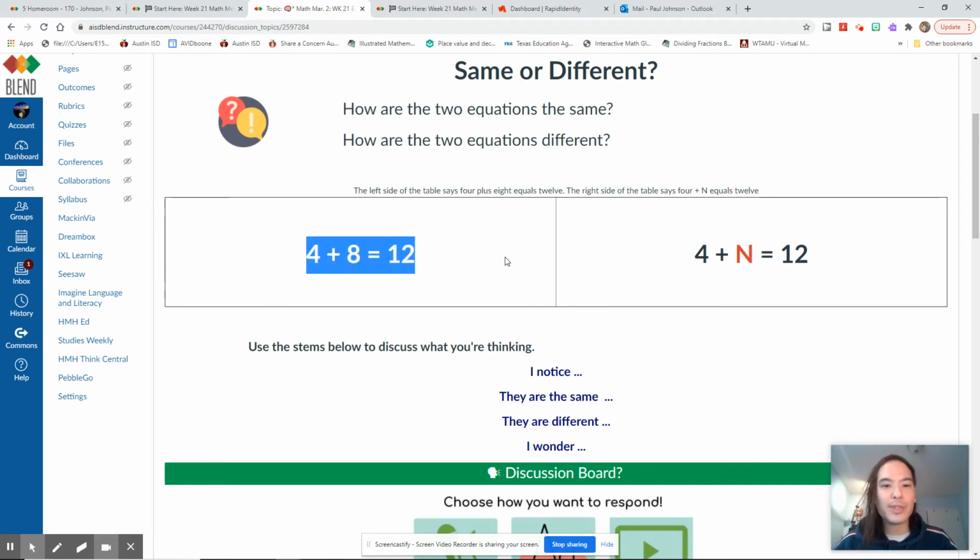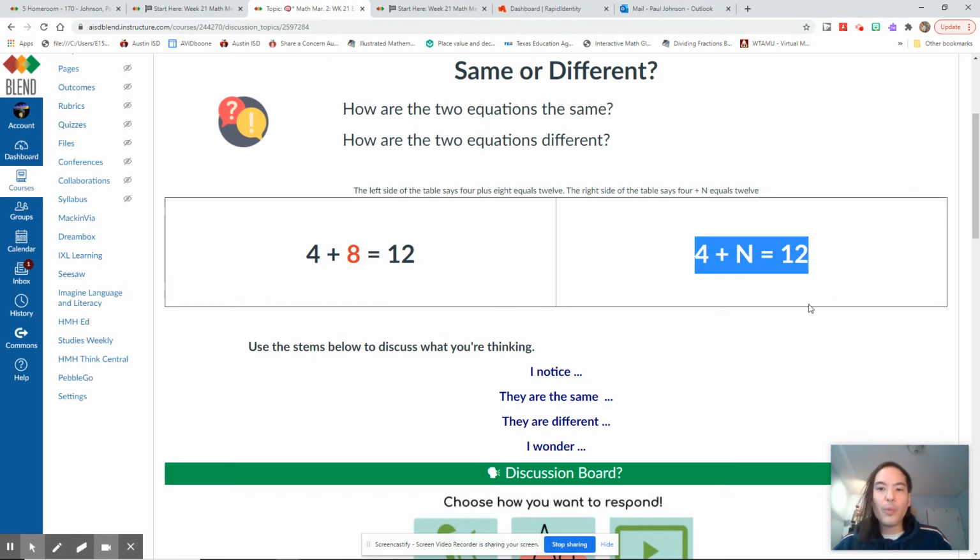So this equation is solved. This equation, we still have to find the value of n. And then finally, I wonder if we change this 8, if that changes the value of n. Probably not. If the 12 changes, would that change the value of n? If this said 4 plus n equals 15, doesn't that mean n would be different?